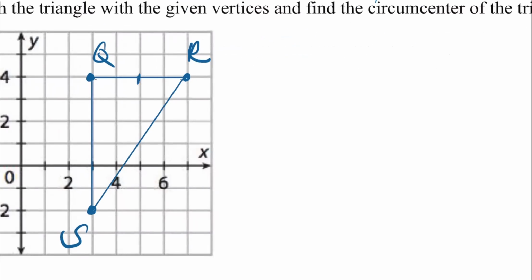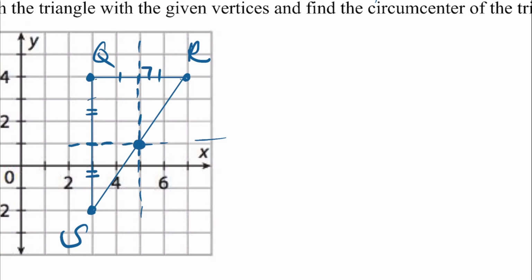Because QR is horizontal, we draw a vertical line. For QS, the distance is 1, 2, 3, 4, 5, 6. Half of that is 3. Because QS is vertical, the horizontal line would be perpendicular, and it connects right there.